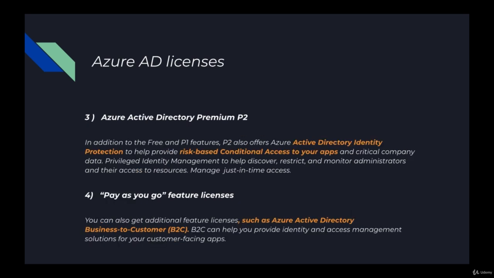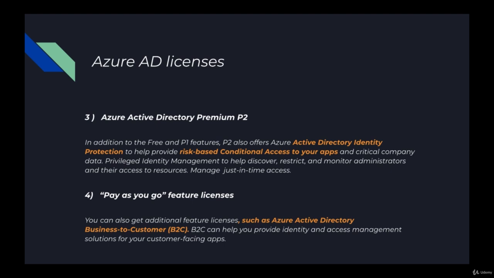And then we have the Azure Active Directory Premium P2 license. Let's say you need to apply conditional access policies, wherein you want all the users within the Active Directory to have MFA enabled, or users from a particular location should only be able to sign in or access a particular application.